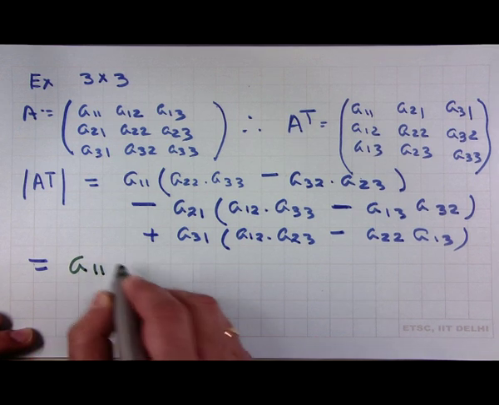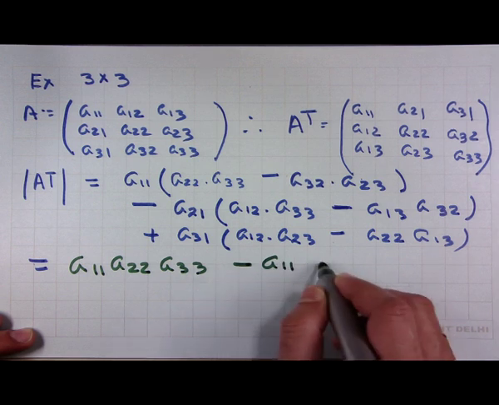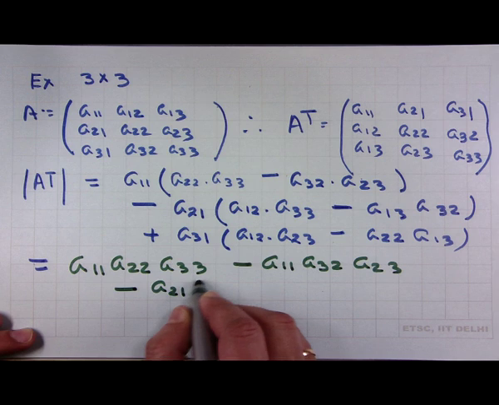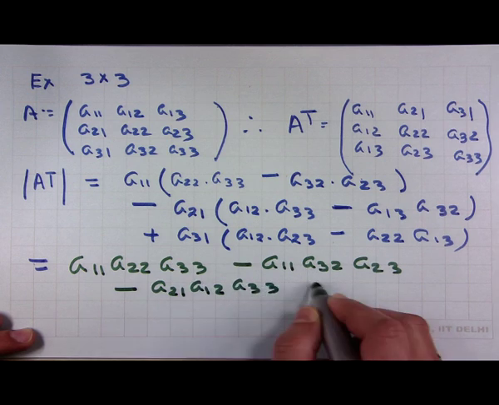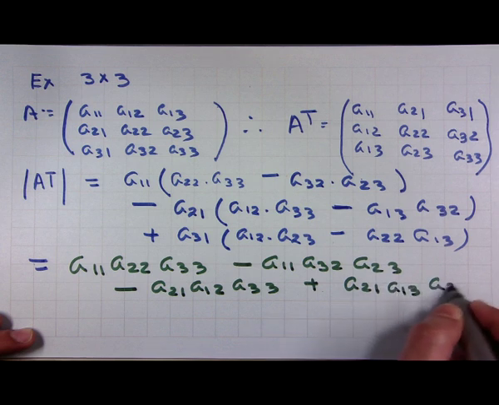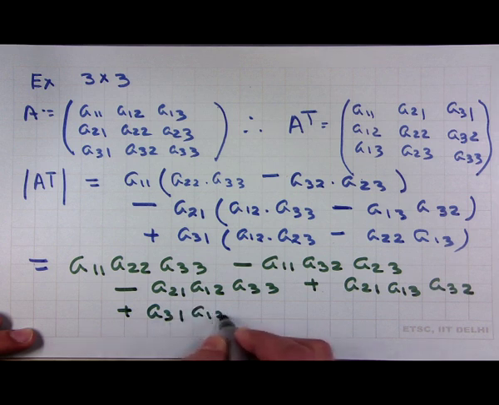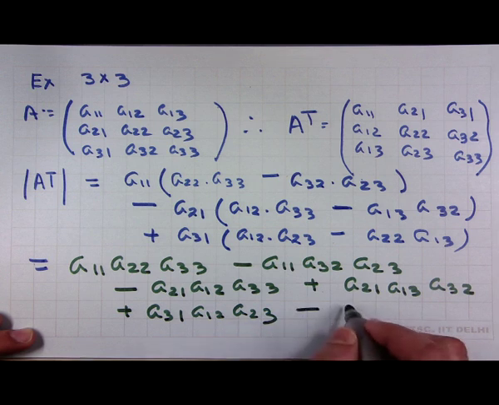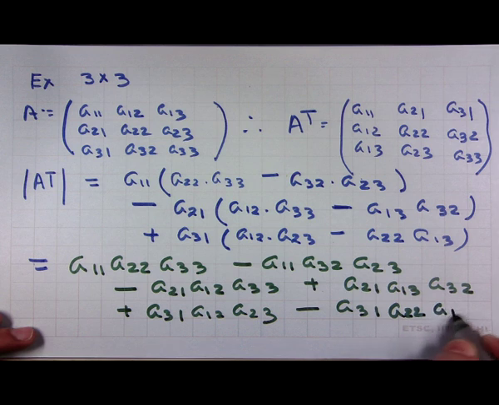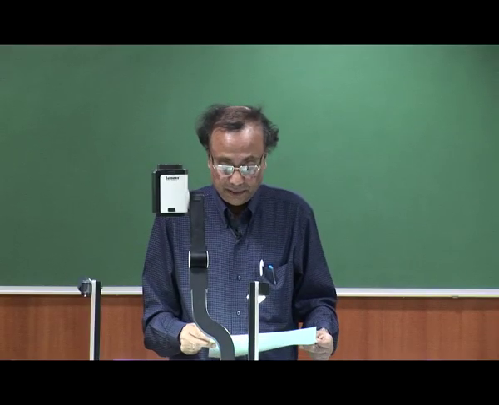A11, A22, A33 minus A11, A32, A23 minus A21, A12, A33 plus A21, A13, A32 plus A31, A12, A23 minus A31, A22, A13. Let us compare it with the results that we obtained some time back.